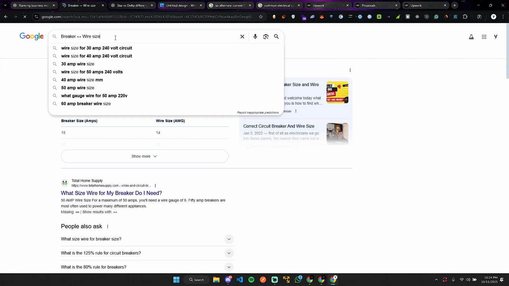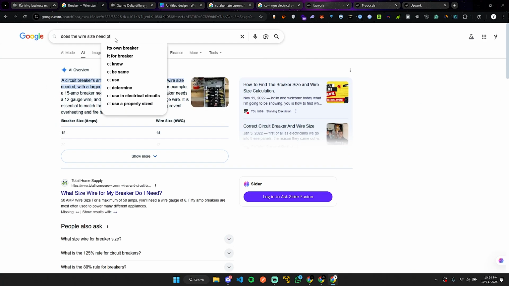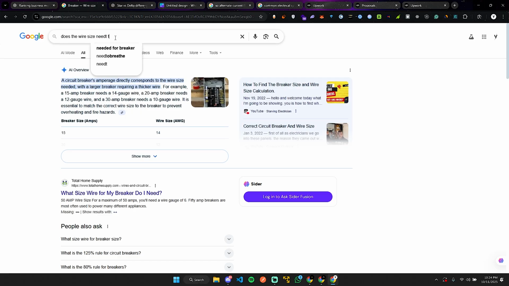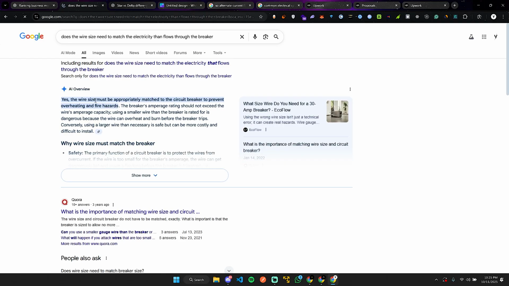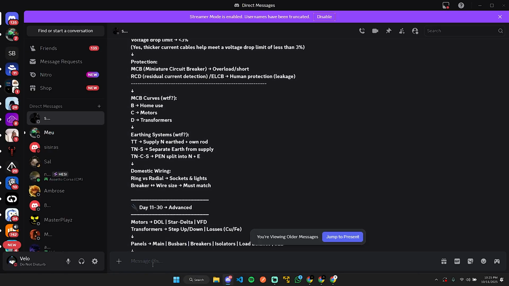Does the wire size need to match the electricity that flows? Yes. The wire size must be appropriately matched to the circuit breaker to prevent overheating and fire hazards. Right. Just to say.